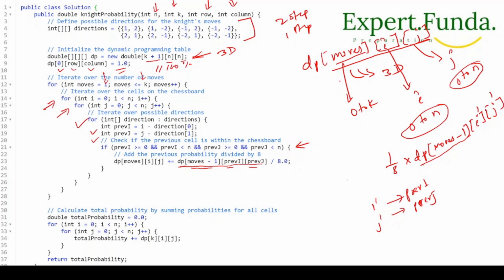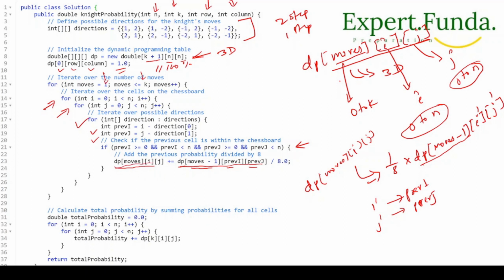This i dash is nothing but your previous i, and j dash is nothing but your previous j. So these previous moves come from dp at moves minus 1, i dash and j dash, to get your dp at certain moves at i and j. That's why we are storing this value with plus equals. From all 8 directions we calculate this and store it in dp at moves.